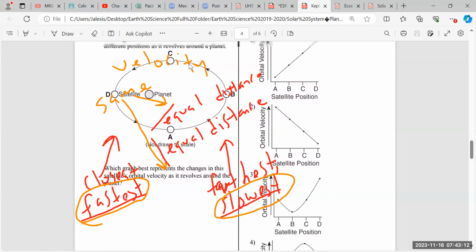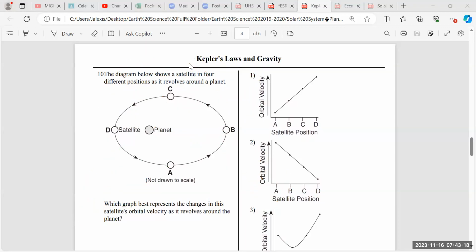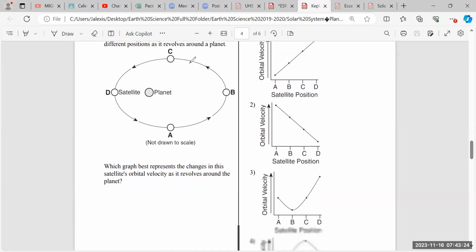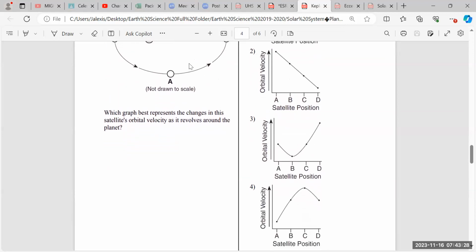The only option that shows where D has the fastest speed and where B has the slowest speed is choice 3. No other option has D as the highest velocity and B as the lowest velocity.